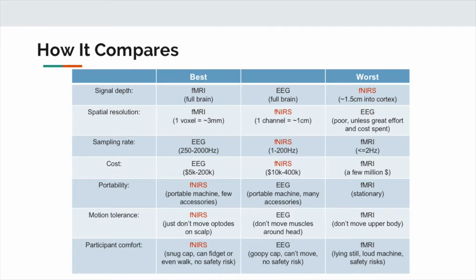Whereas with fNIRS, the only thing that could be considered not great is that the cap that's used to affix optodes to someone's head has to be snug. And so if someone's head is sensitive to that tightness, that might get uncomfortable, but there's no safety risk, and you can move around and relax in whatever position you want while you're going through a NIRS study.